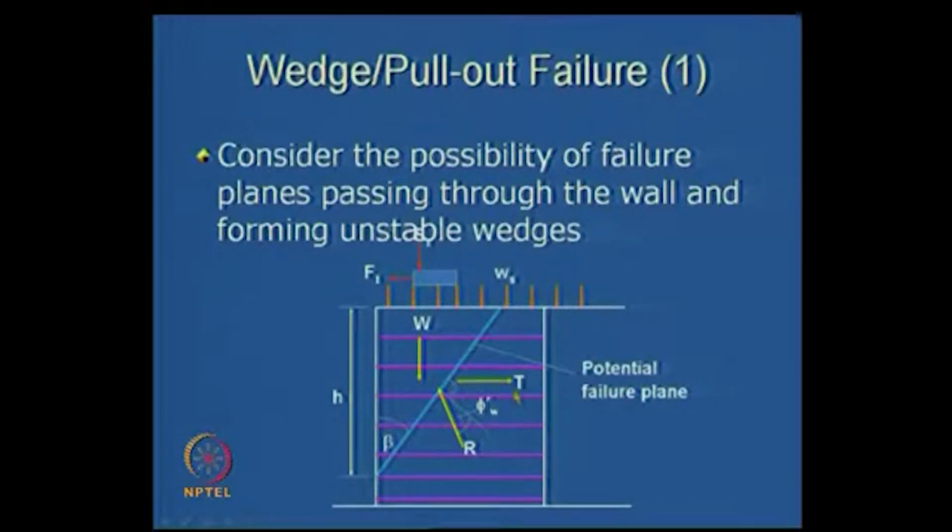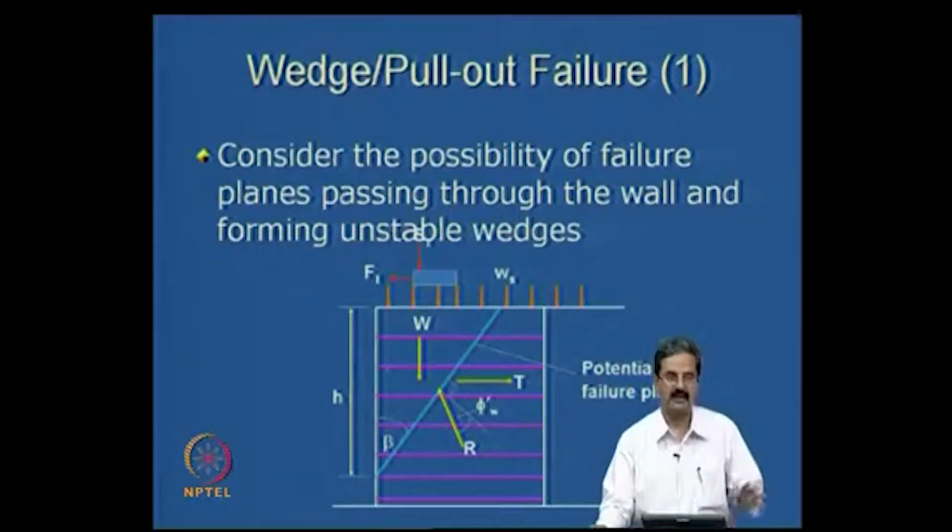Like the T should be equal to a component of this weight, which you can get from, in fact I will show you, from the basics of engineering graphics. One can get that from what is called the force polygon.